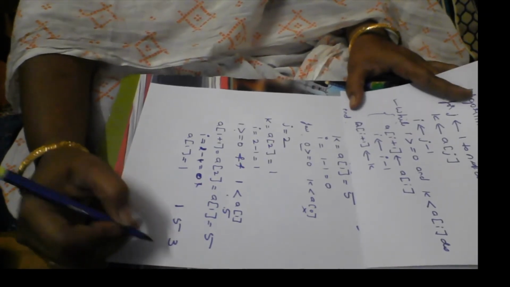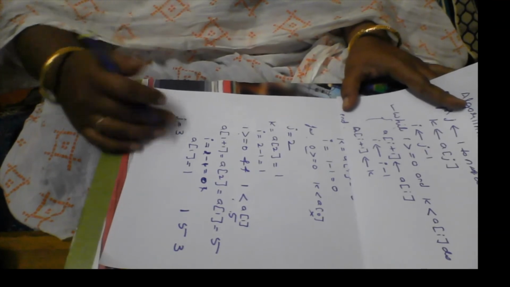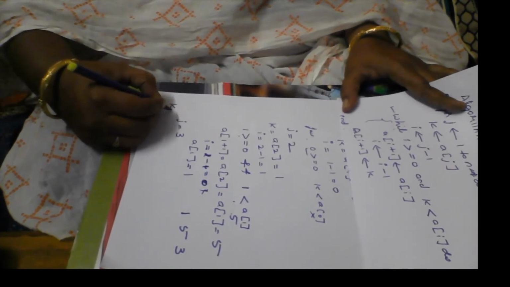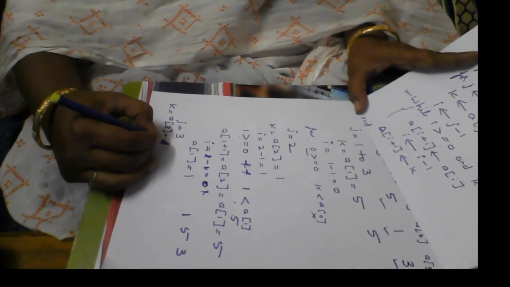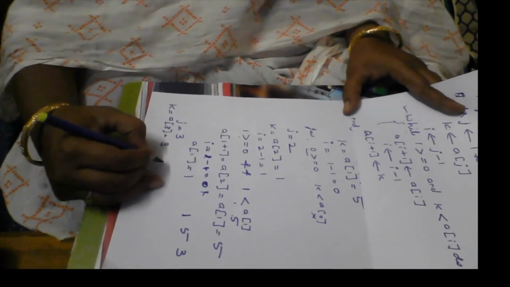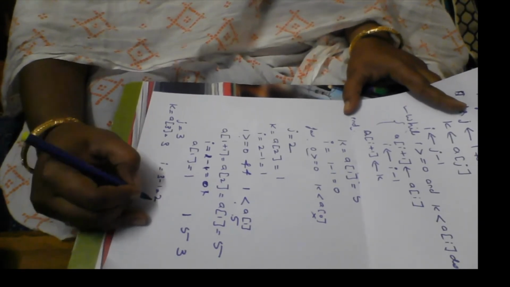Correct? After this, once again j is incremented to 3. For j equal to 3, k will be A of 3, which is equal to 3 now. And the I value is 3 minus 1, equal to 2 now.